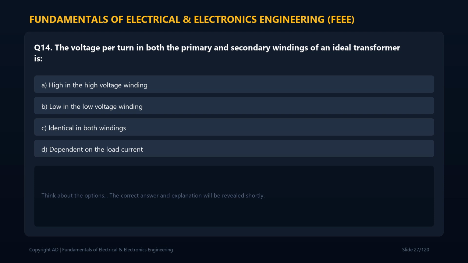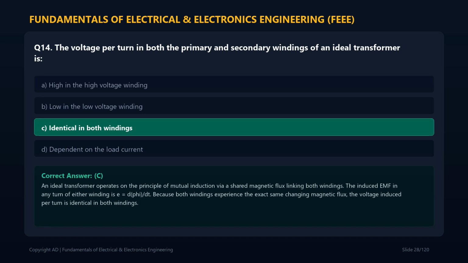Option D, dependent on the load current? The correct answer is C, identical in both windings. In a transformer, the primary and secondary windings share the same core flux, which means the induced voltage per single turn is exactly the same in both windings.